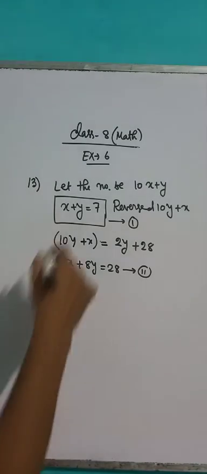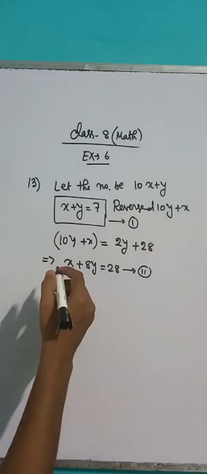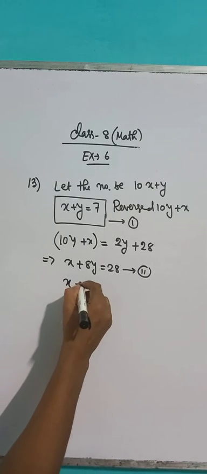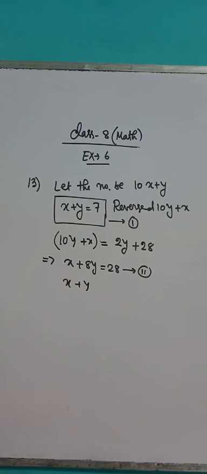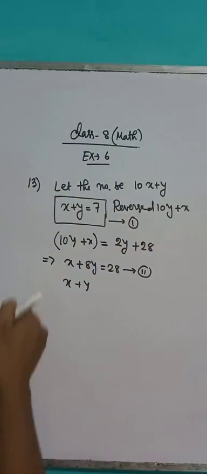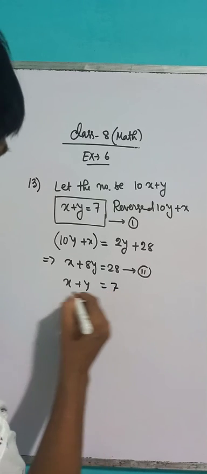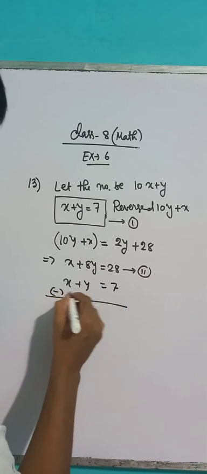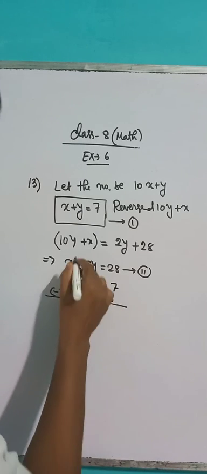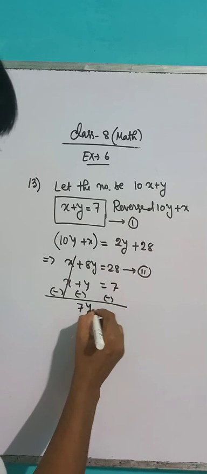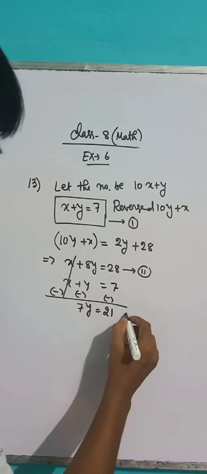Clear? Now just wait. If I solve x plus y is equal to 7 with the second, just subtract, 7y is equal to 21.